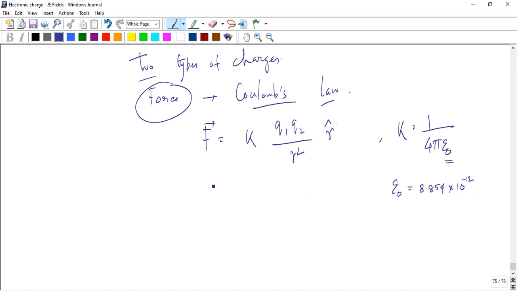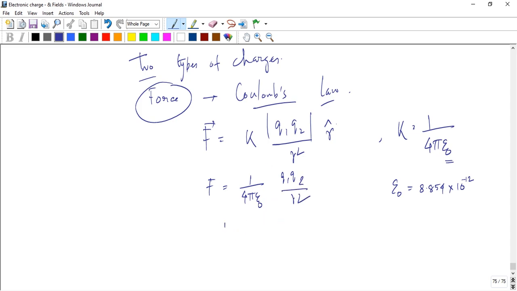Okay. So how to find the SI unit? F is equal to some constant K, 1 over 4 pi epsilon naught, times the modulus of the two charges. Just consider the magnitude, not sign, not dependent on polarities. So Q1 Q2 over R square.